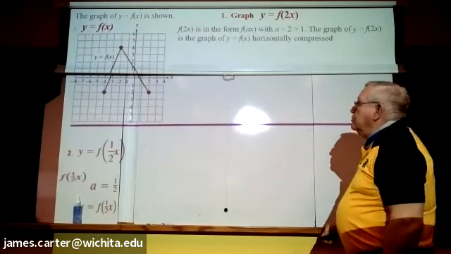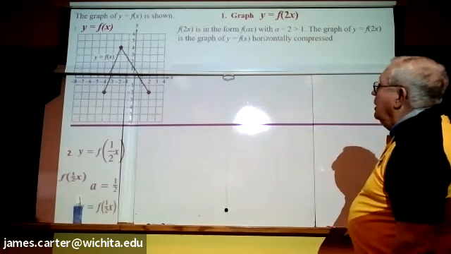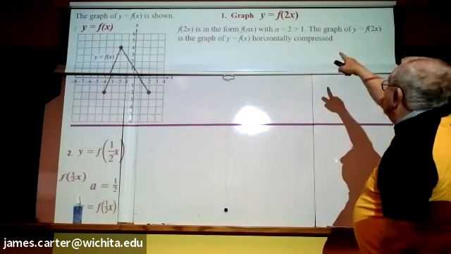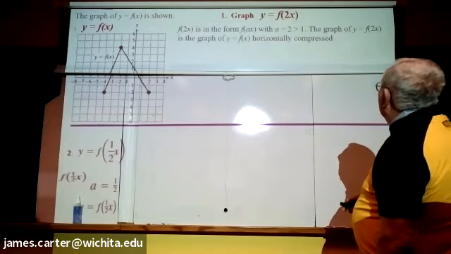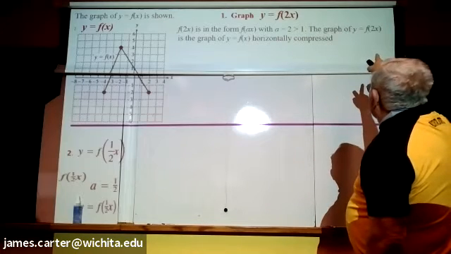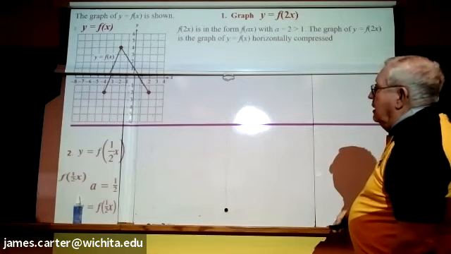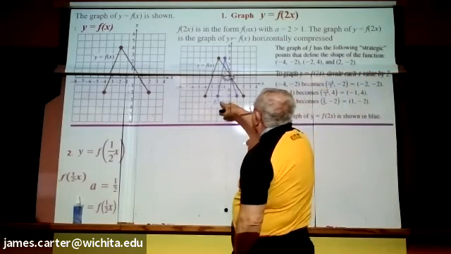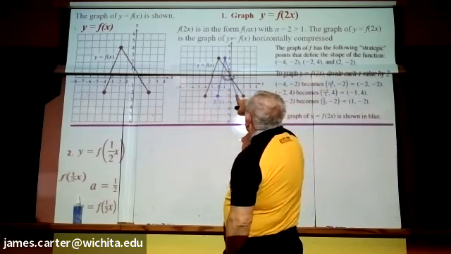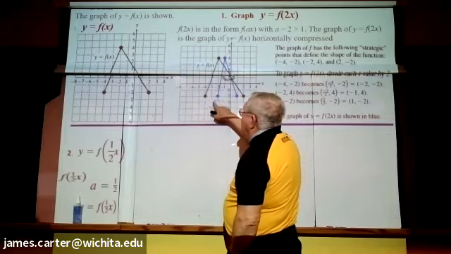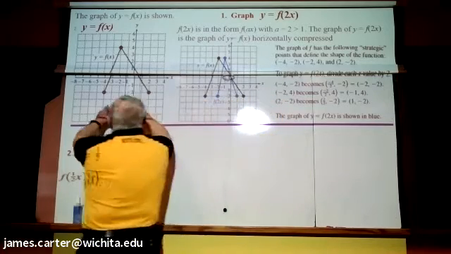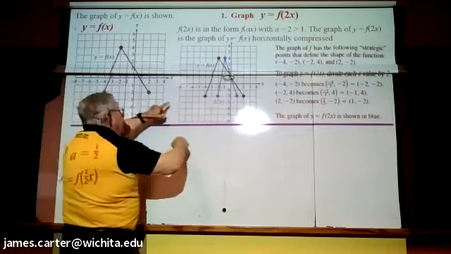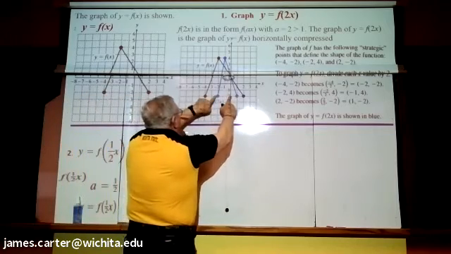Okay, here's another similar example. f of 2x is that equation with 2 greater than 1, or in other words, the graph of f of 2x is this. Now, what happened? The x value here is 1, 2, 3, 4. The x value here is 1, 2.